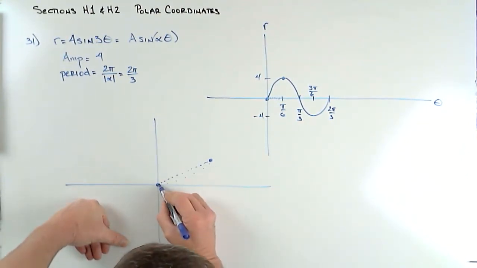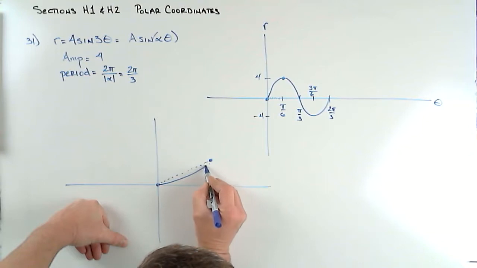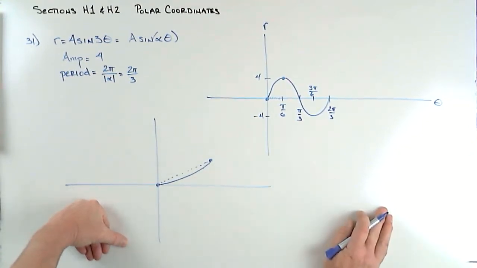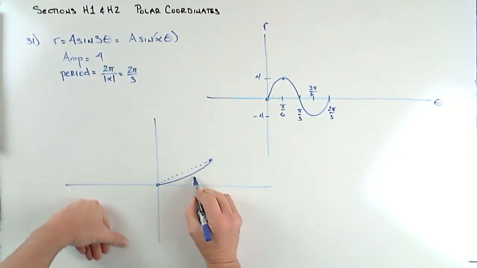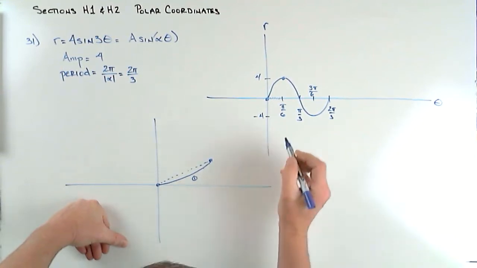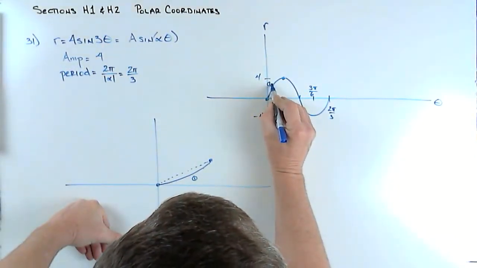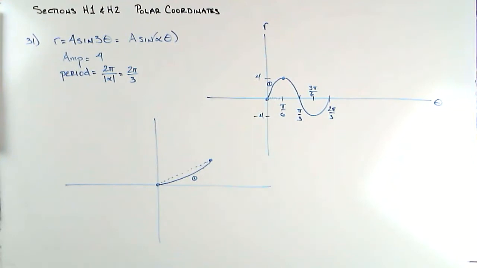So our graph is going to look something like this. We could put a little circled 1 next to this and a 1 up here, to say that this part of the sine curve corresponds to this part of our polar graph.